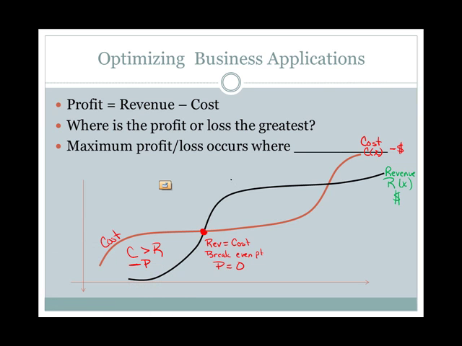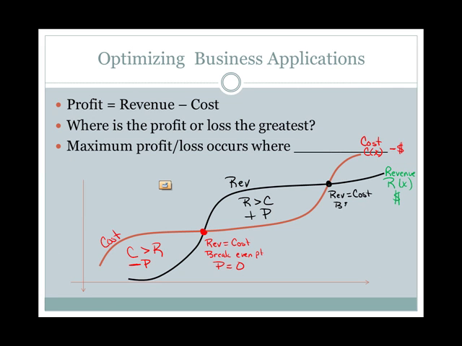so now our revenue is greater than our cost line, and therefore we're going to have a positive profit. So when the revenue is greater than the cost, we have a greater profit. Looks like something's happening in our company, that we hit a break-even point again, where the revenue equals our cost.